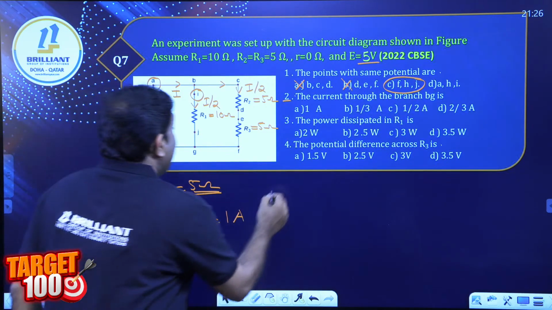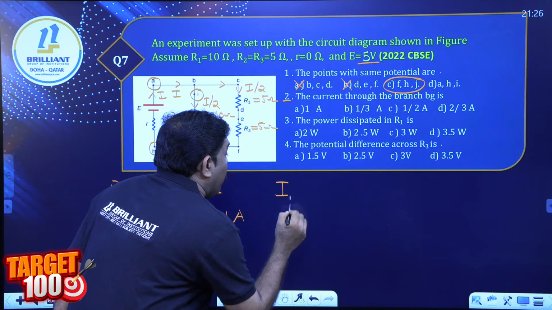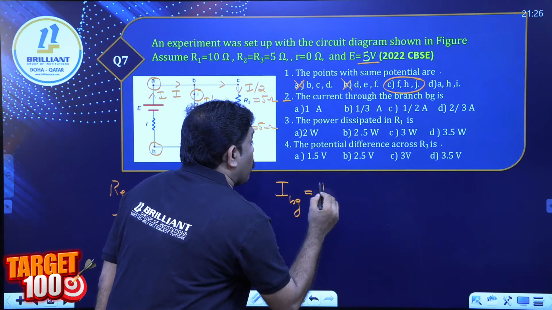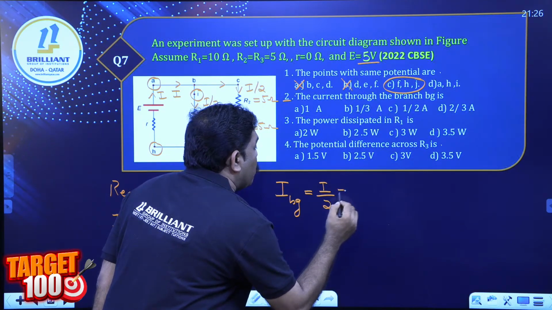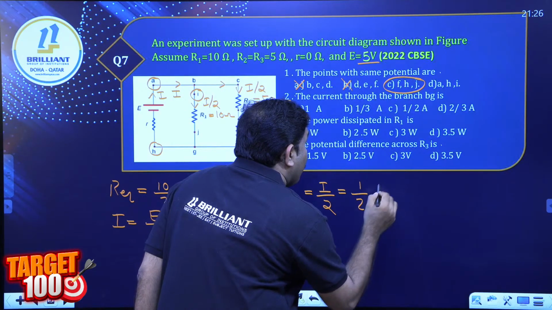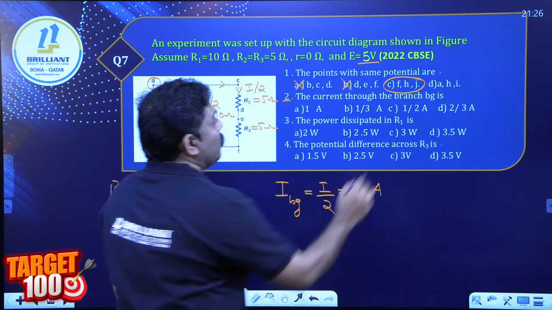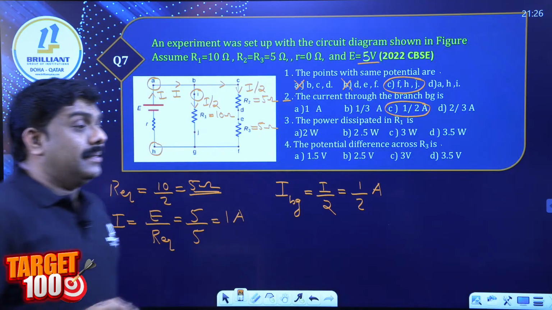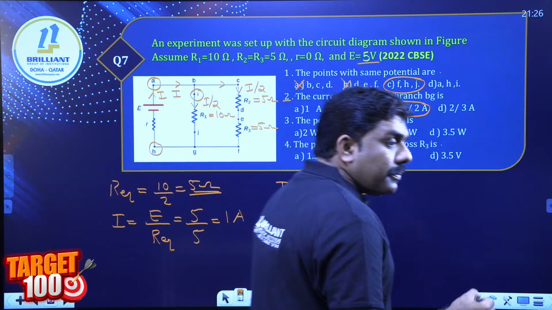So the current through the branch BG is half of the total current, I by 2, so 1 by 2 ampere. So the right answer is option C, the right answer for the second question.